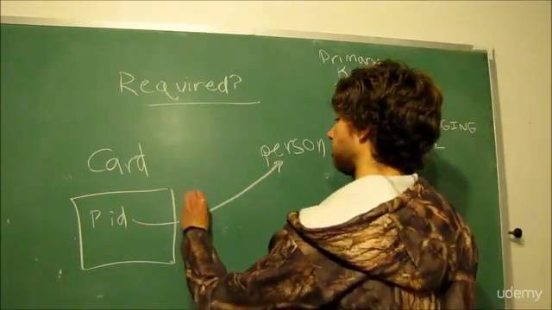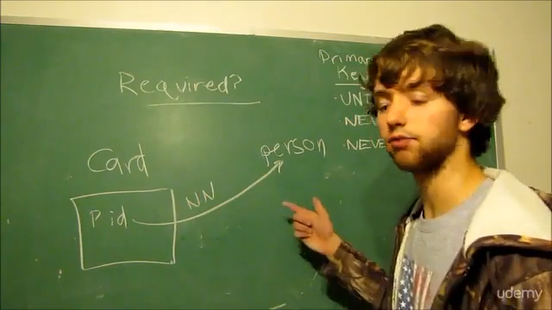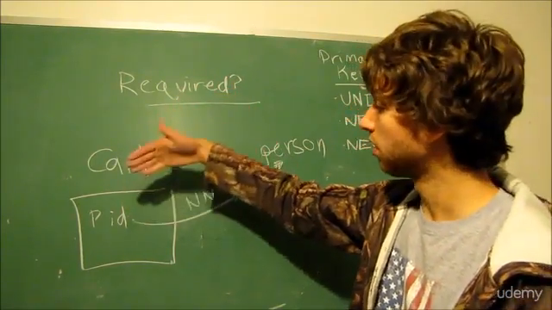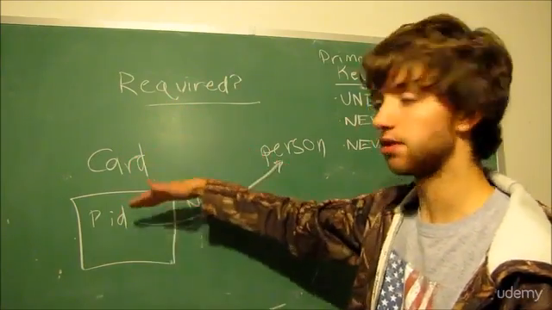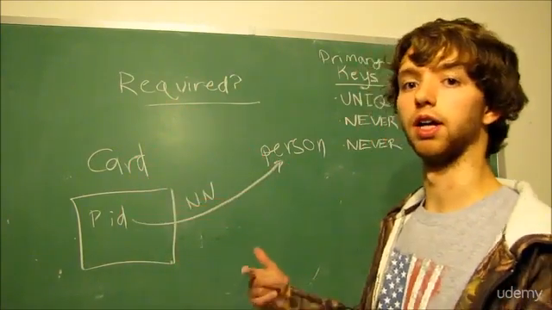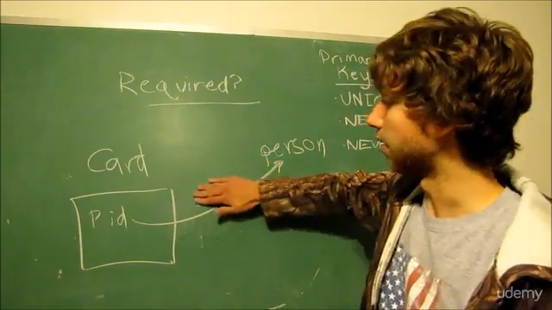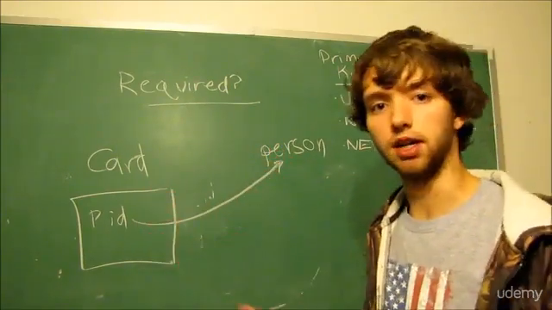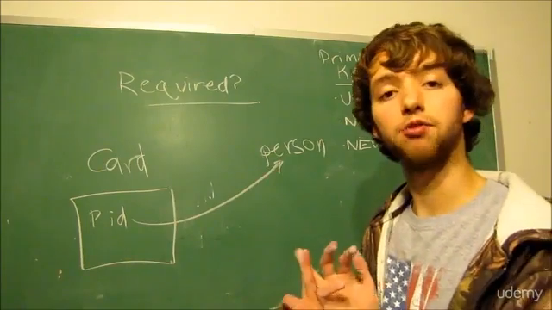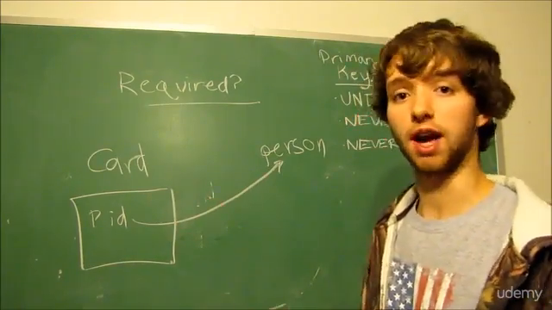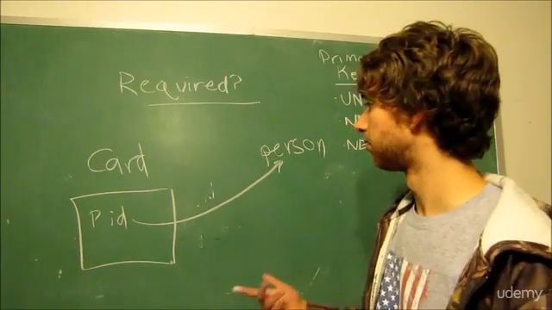If we set this to not null, that means every single row within this card table is going to require a card owner. If we got rid of this, that means we could have cards in here that were outdated, that don't currently have an owner because there's no connection, we broke that owner, or new cards that haven't been given out yet.